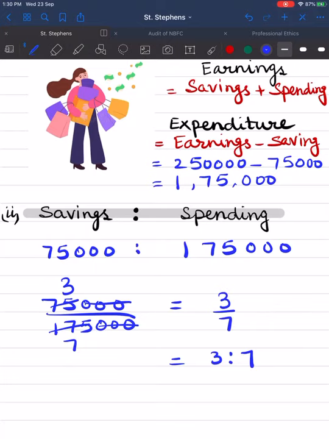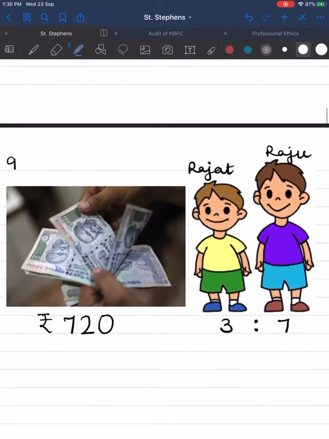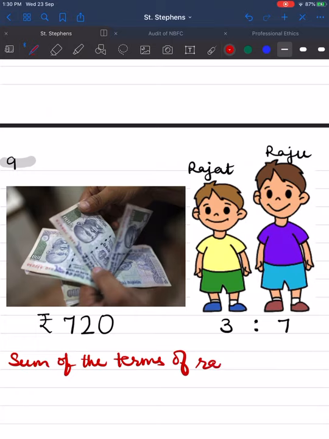Now let's do question 9. Divide rupees 720 between Rajat and Raju in the ratio 3:7. So here the sum of the terms of the ratio is 3 plus 7, which is equal to 10.